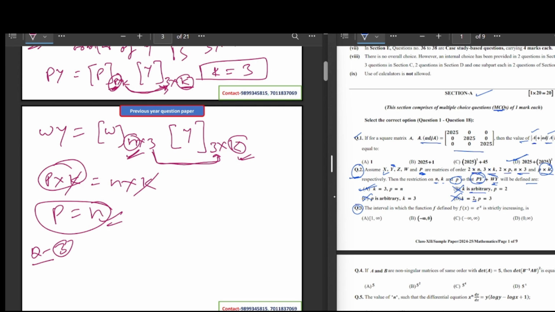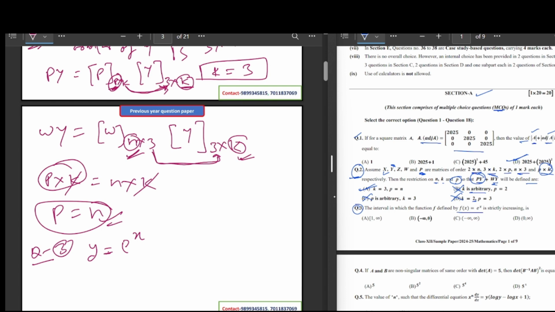the interval in which the function f defined as f is equal to e raised to the power x is strictly decreasing in, there are 4 options given here. So for this, the function equation is given: y is equal to e raised to the power x.